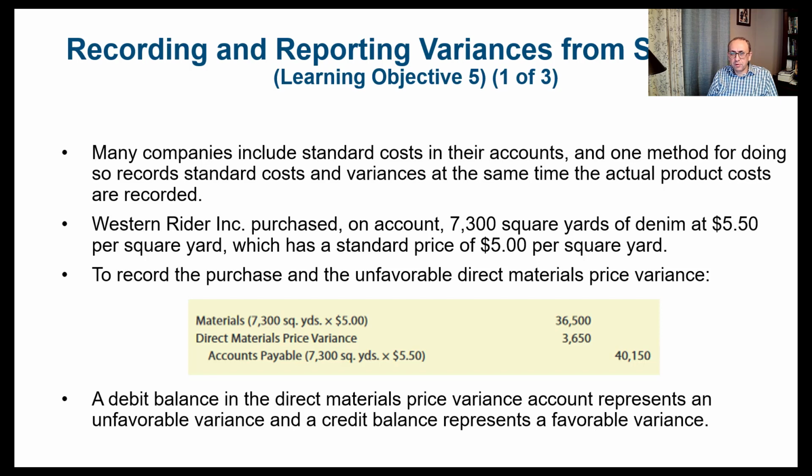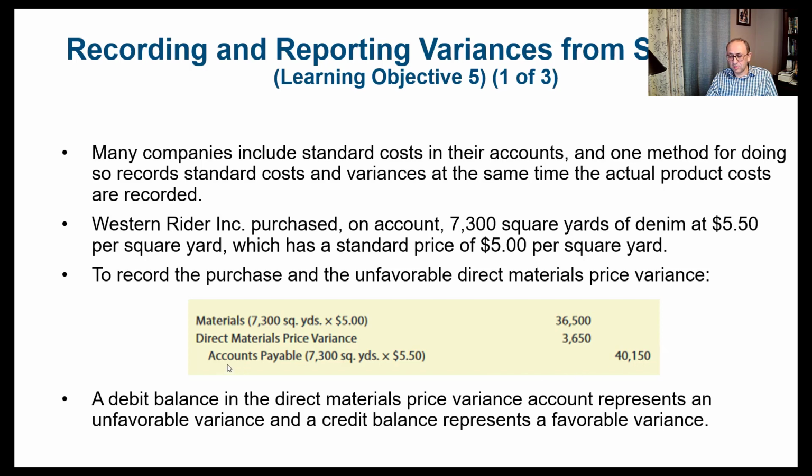So if we go back to our example, Western Writer Incorporated purchased on account 7,300 square yards of denim at $5.50 per square yard, which has a standard price of $5 per square yard. So see here that we actually have an unfavorable situation because we bought the yards at a price higher than the standard price. So to record the purchase and the unfavorable direct material price variance would be as follows.